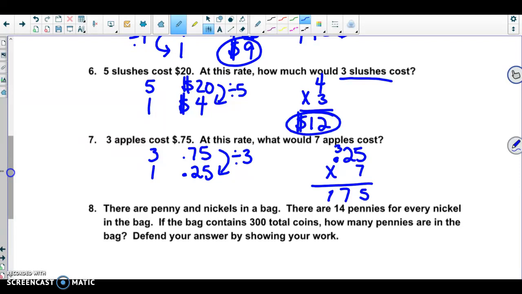I need 2 places after my decimal because there are 2 after the decimal here. So it's going to go there. And really, if I think about it, if I count by 25 cents, 1, 2, 3, 4 makes $1. And so if I have 3 more, that's another 75. So I end up with $1.75 for that.